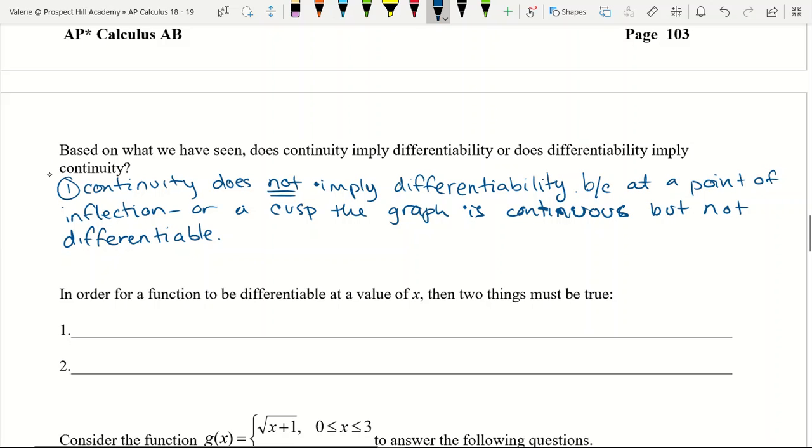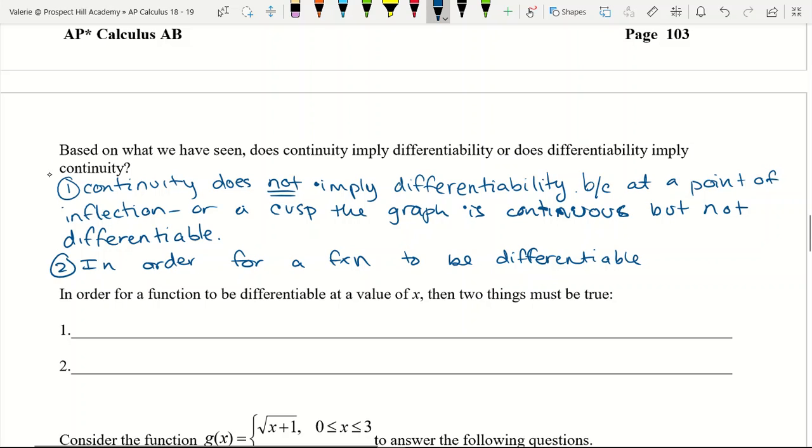Okay, and then the second piece of information is that in order for a function to be differentiable, it does need to be continuous.